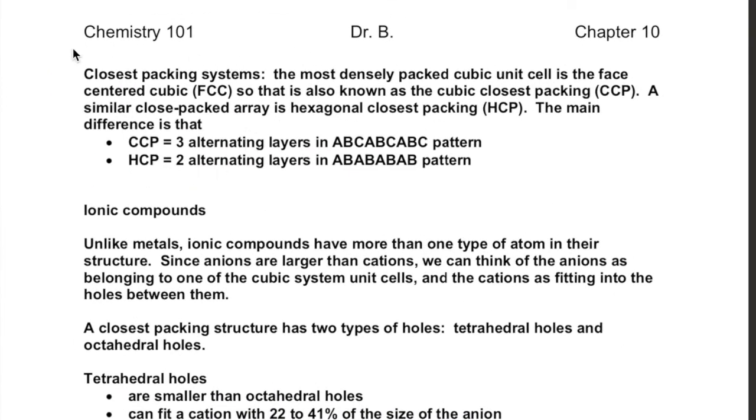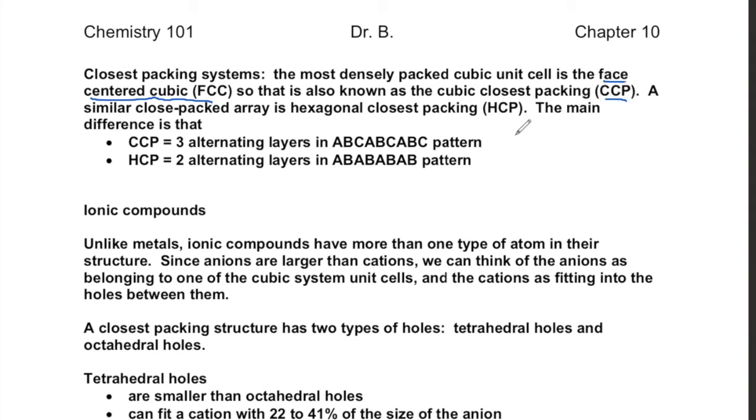We're going to look a little bit more at closest packing systems as they relate to ionic crystal structures. So we've already mentioned the face-centered cubic unit cell that we just looked at. The face-centered cubic is the most efficient packing that we've looked at so far, and that is also called cubic closest packing.